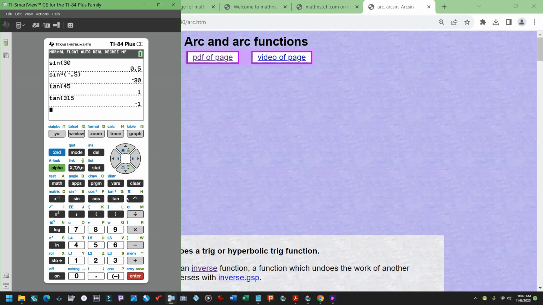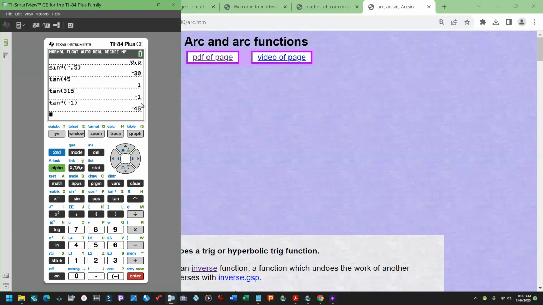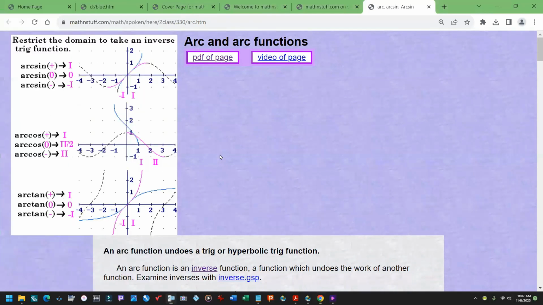So if I want the arc tan of a negative 1, I better get a 315, but my calculator will not state it that way. It will correctly give me a negative angle. So big, big, big deal. Yeah, you got to know that.